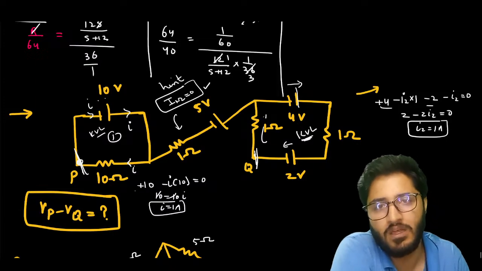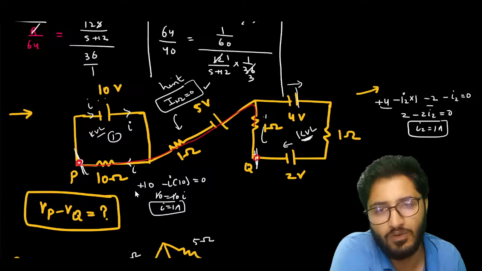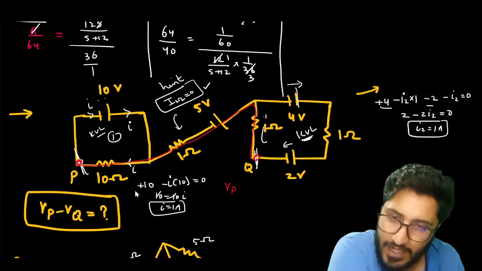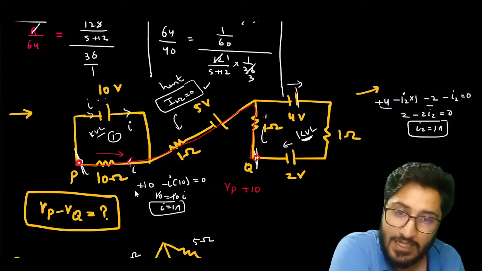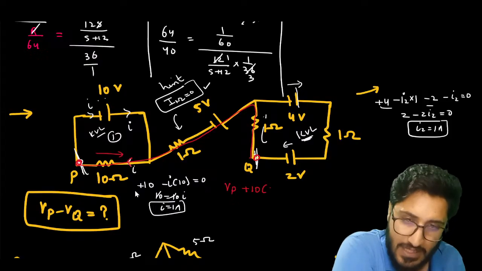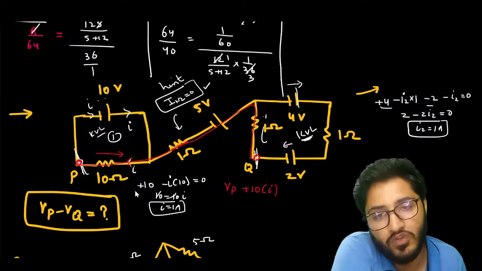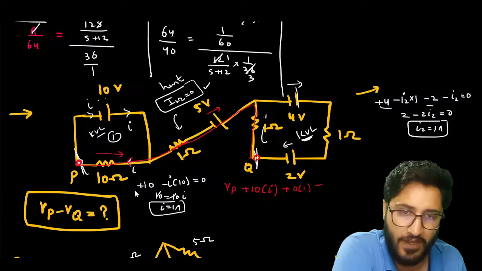Now look now. What do we have to study now? We have to find out VP minus VQ. Let us take this path now, this path and this path. Look. I will write the potential at P. Current flows in this way. We are going opposite, so it will become positive. It is plus 10 times I, right? Now through this one no current is flowing, so you will write plus 0 into 1, and then plus 5, right?